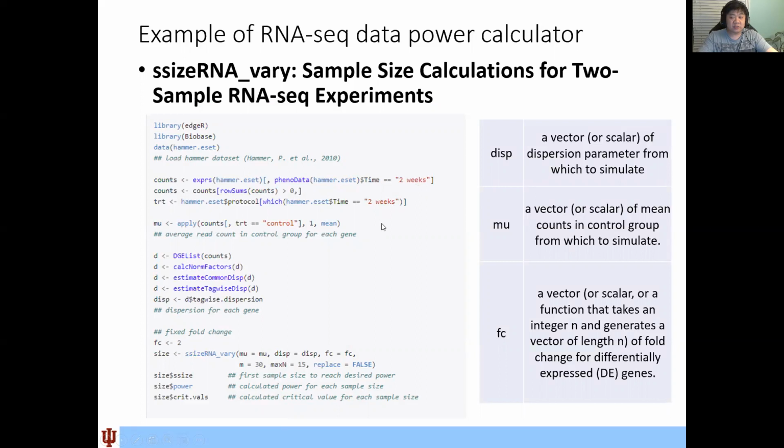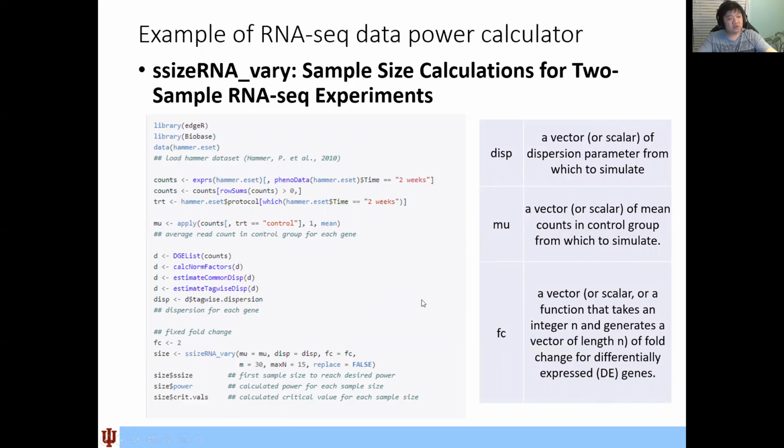Both of the two power calculators introduced here are for edgeR, that is, edgeR based differential gene expression tests. Here, instead of calculating the power for the top K differentially expressed genes, this package specifically computes the power for each gene to detect a certain fold change in differential gene expression, with a pre-given fixed dispersion level and the mean counts of each group.